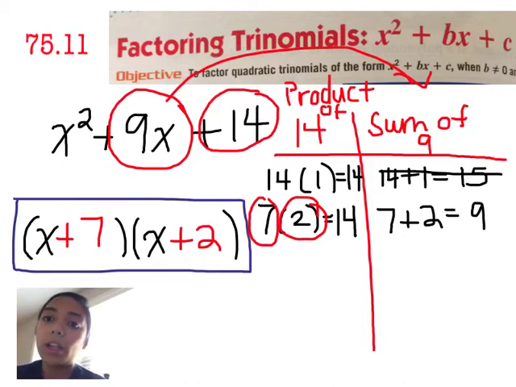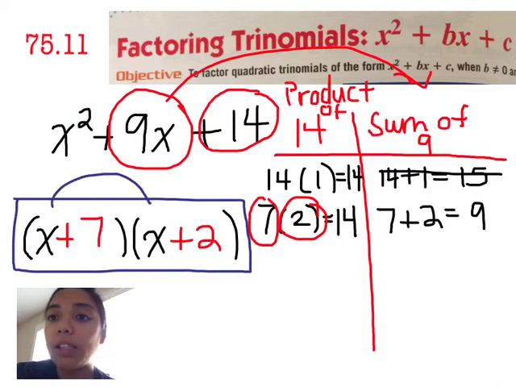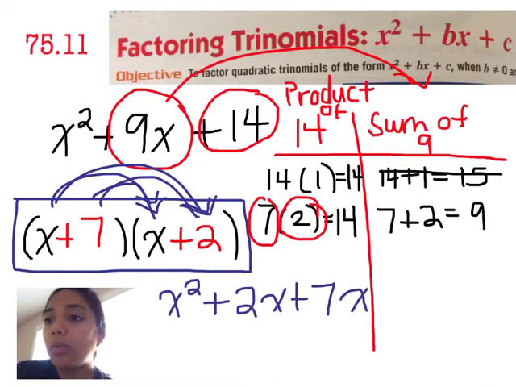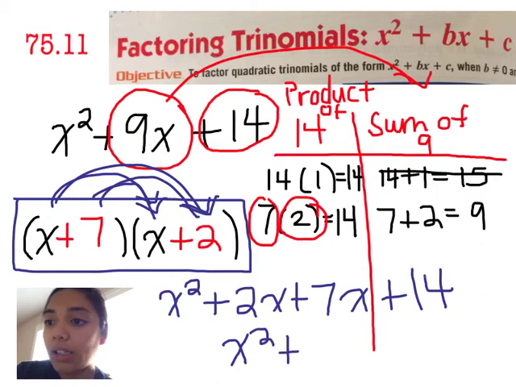If I were to FOIL it out, I would get x times x is x squared, plus x times 2 is 2x, plus 7 times x is 7x, plus 7 times 2 is 14, and I would get x squared plus 2x plus 7x plus 14, which is x squared plus 9x plus 14.